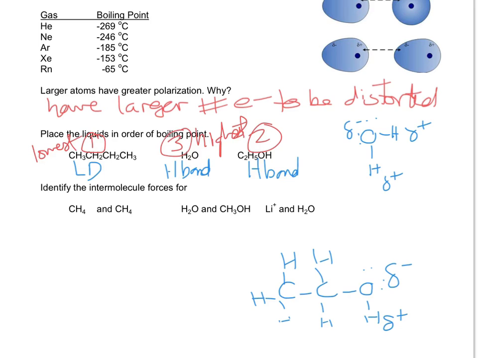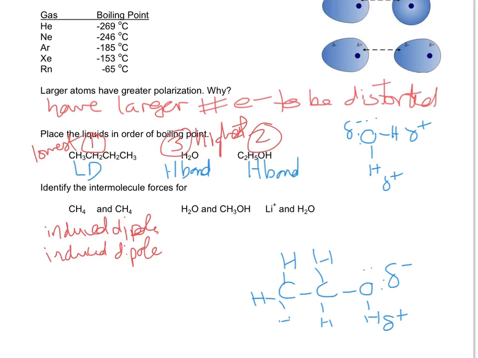Okay, let's identify the intermolecular force for the following. CH4 and CH4 mixed together would be induced dipole, since both of them are London dispersion. We've got water with methanol.